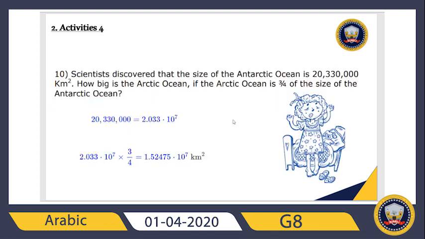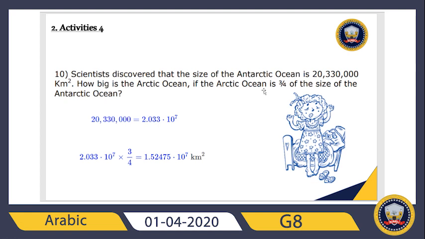Finally, scientists discovered that the size of the Antarctic Ocean is this huge number. I'm too lazy to read it all. Kilometers squared. So this is the surface or the area of the Antarctic Ocean. Now, we know that the Arctic Ocean is 3/4 of the Antarctic Ocean.